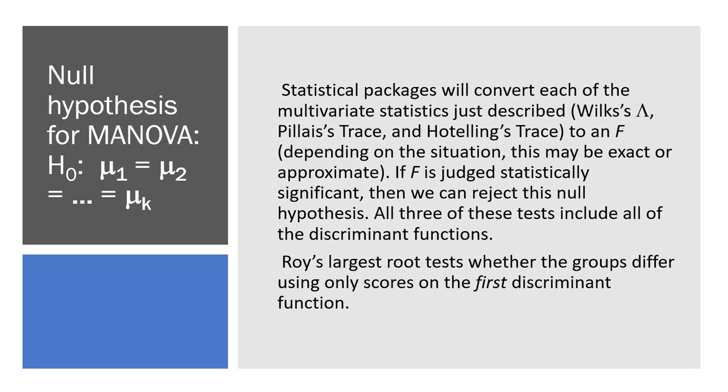But if F is judged to be statistically significant, then we can reject the null hypothesis. All these tests will include all the discriminant functions. So remember, if my test is statistically significant, I reject the null hypothesis. This is independent of the technique that you're using. So that is how we reject the null when we have statistical significance.